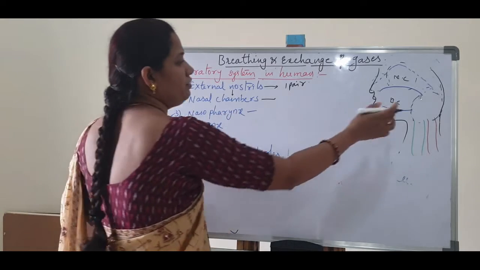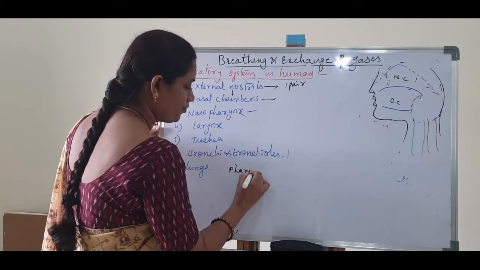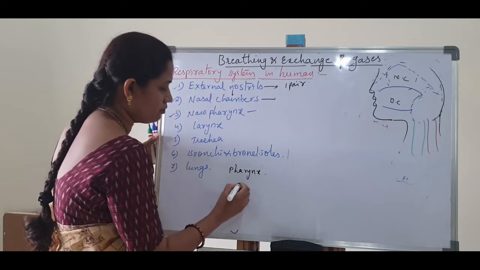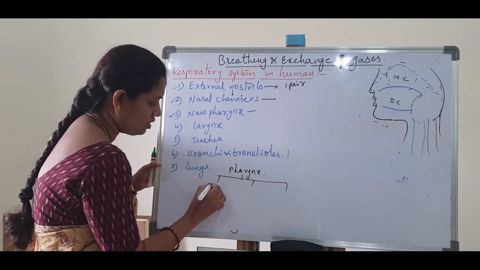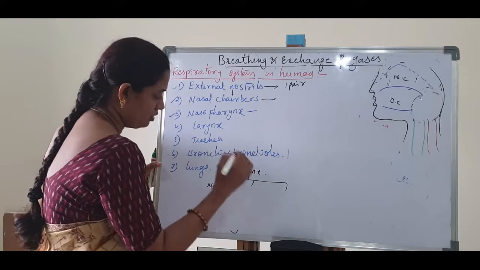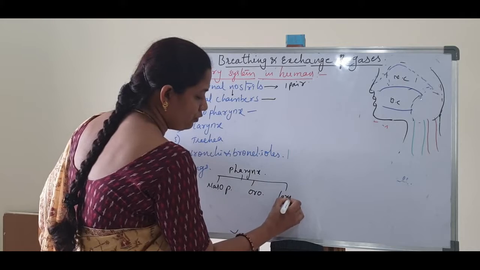Pharynx can be divided into three regions. They are nasopharynx, oropharynx, and laryngopharynx.